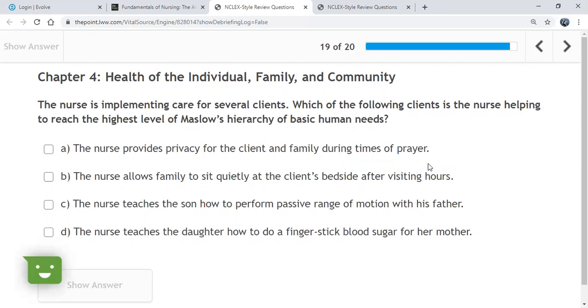The nurse is implementing care for several clients. Which of the following clients is the nurse helping to reach the highest level of Maslow's hierarchy of basic human needs? A. So we're talking about the highest level. Okay, so highest level is what?